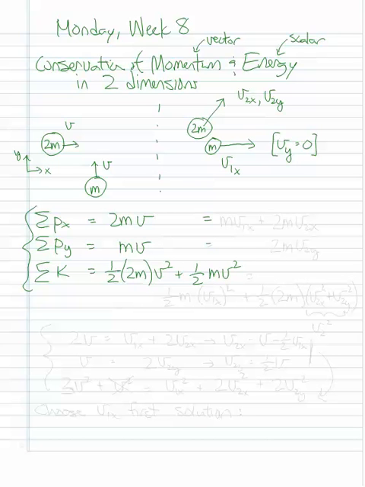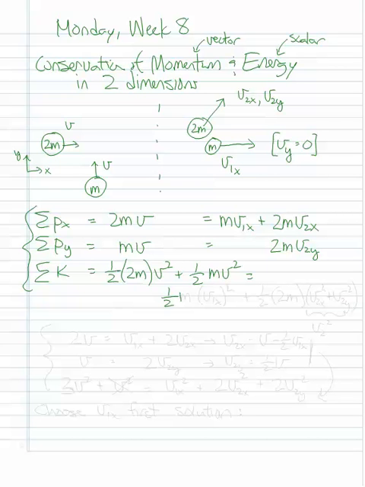Now let's set these equal to what they are afterwards. So afterwards, in the x direction, we have m v1x plus 2m v2x. In the y direction, well, v1 has nothing, so it's 2m v2y. Okay. Now what about the kinetic energy afterwards?